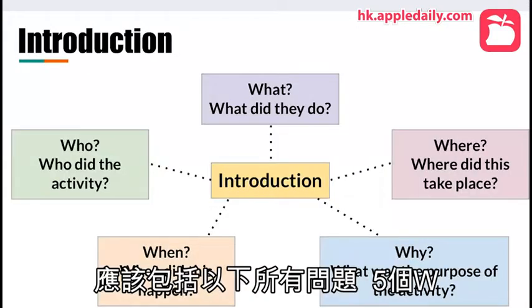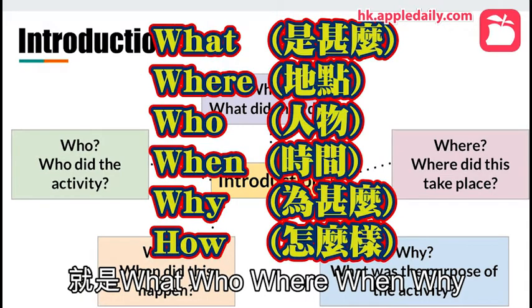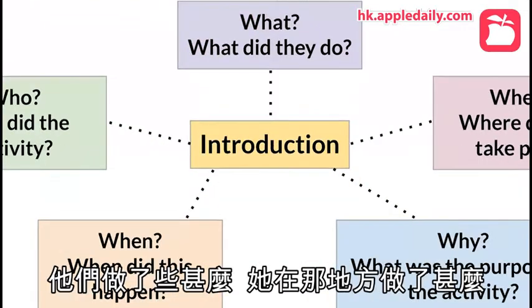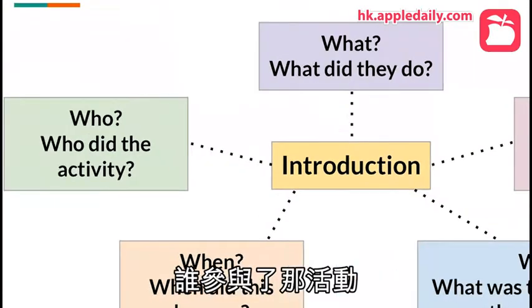In an introduction, you have to ask yourself the 5 W's, not 4 W's, 5 W's. So we have the what question, who, where, when and why. The what question can be, what did they do? For example, what did she do at that place? And then who did the activity?